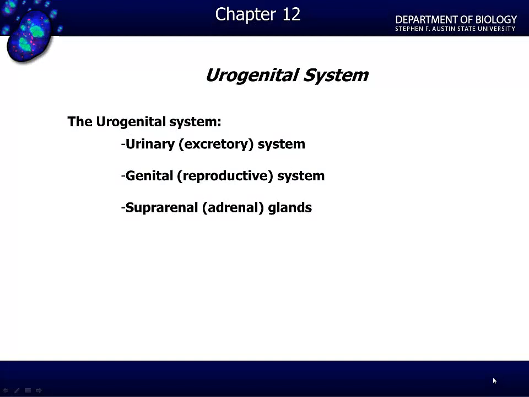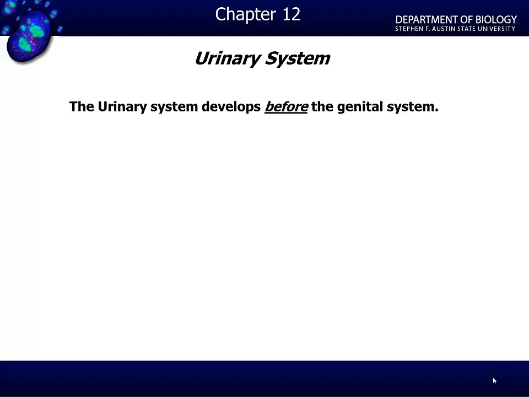The urogenital system can really be broken down into the urinary tract, which is the function of excretion, and the genital tract, which is for reproductive purposes, but we're also going to include the suprarenal glands simply because of their proximity and location to the developing kidneys. So we're going to start with urinary system. And with urinary system, we're going to see it develops first.